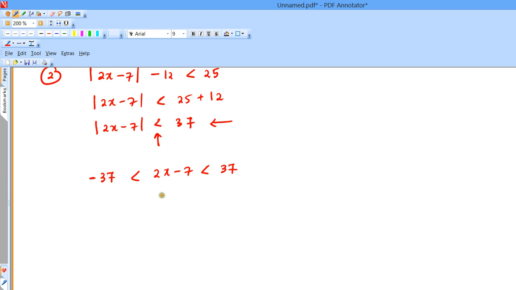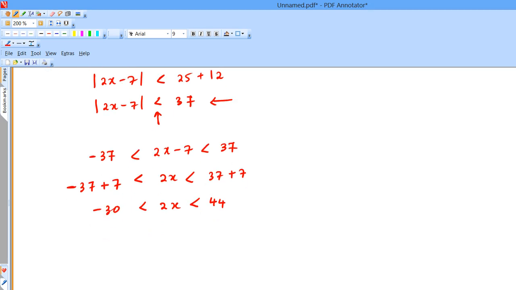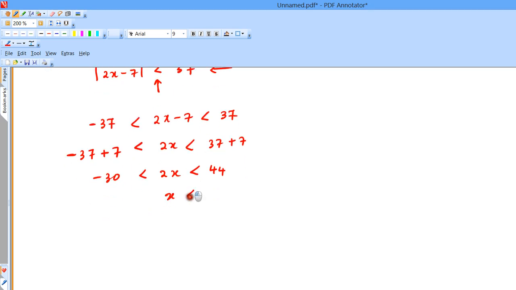Then solve: -37 + 7 < 2x < 37 + 7. We get -30 < 2x < 44, and then solve for x. We get -30/2 < x < 44/2, so we get -15 < x < 22.